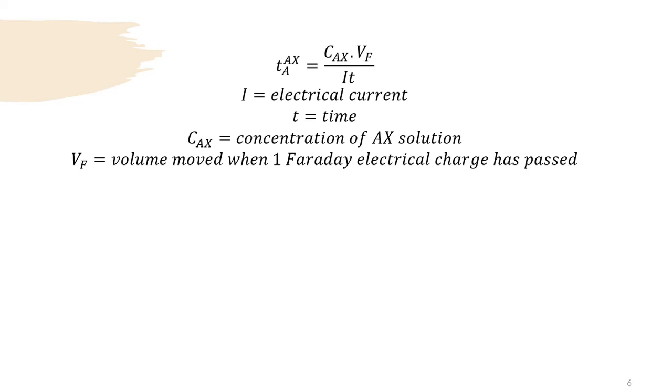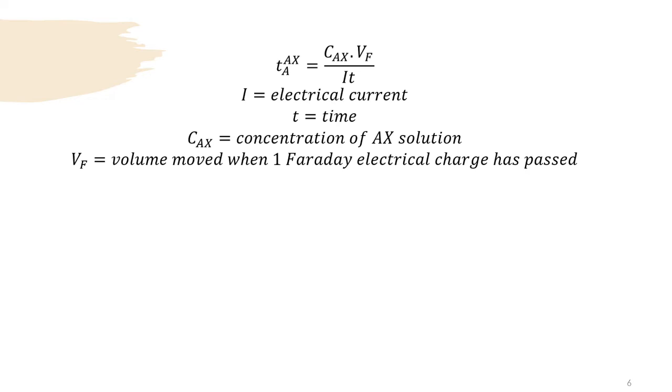In this case, the AX solution is the leading solution. The volume moved when 1 Faraday of charge has passed, and then you have the electrical current and the amount of time taken.